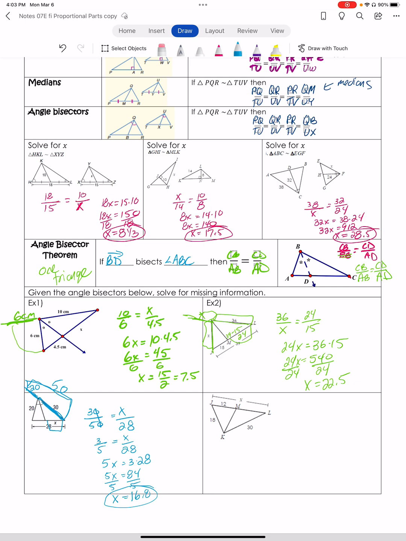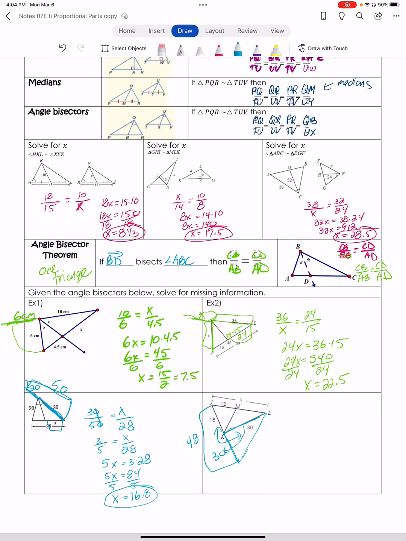And last but not least, again, I just flip this side out. So this is going to be 30. So this whole side is going to be 48. So that's kind of what we're looking at as far as a triangle goes. So add these.